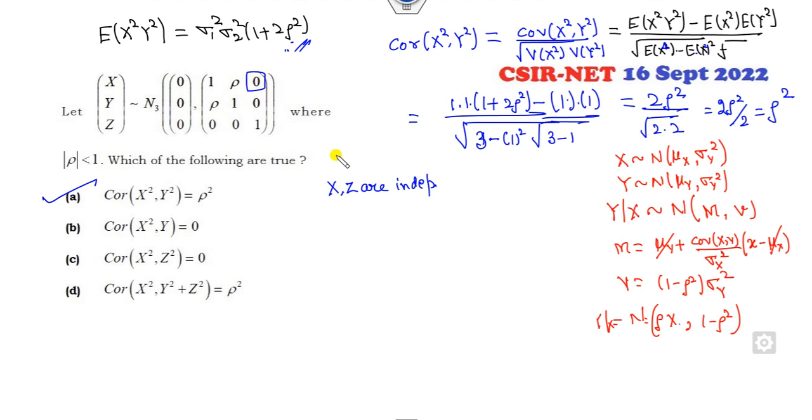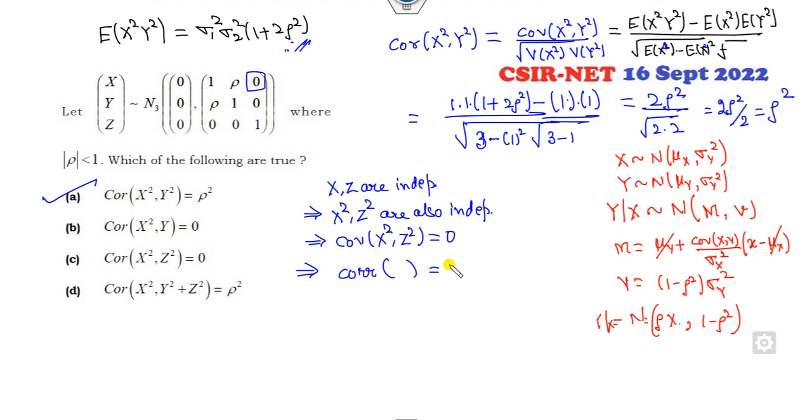Covariance 0 does not by itself mean independent, but since it is a jointly normal distribution, they are independent. It means x square and z square are also independent. So if they are independent, the covariance of x square and z square is 0. If the covariance is 0, then the correlation between them is also 0.